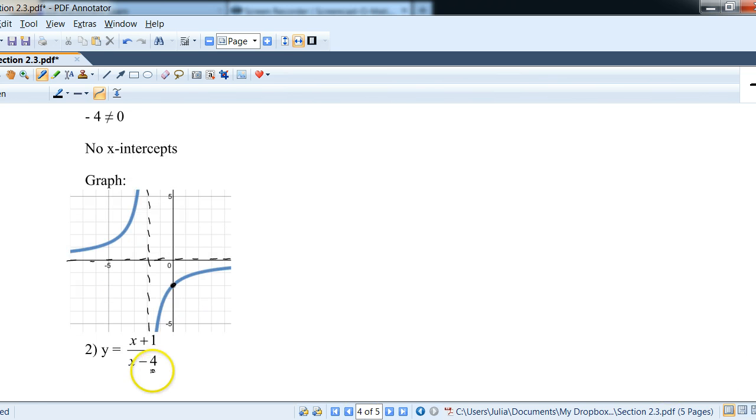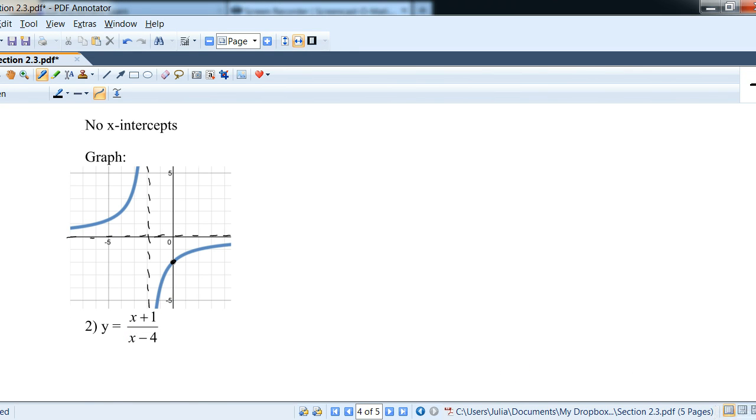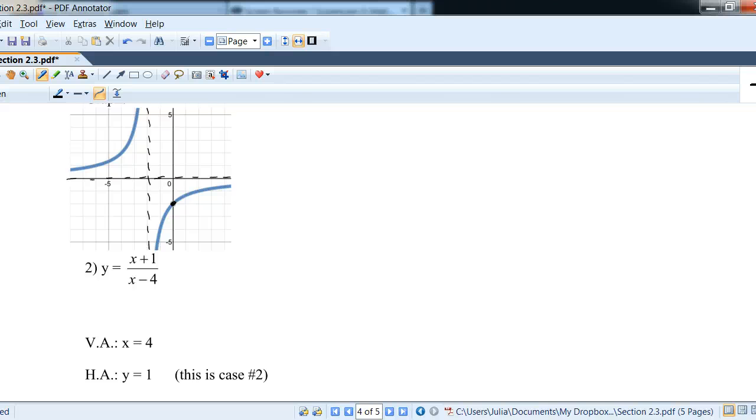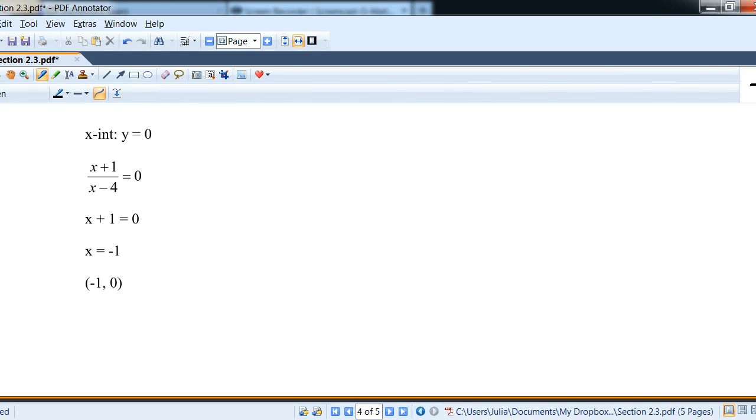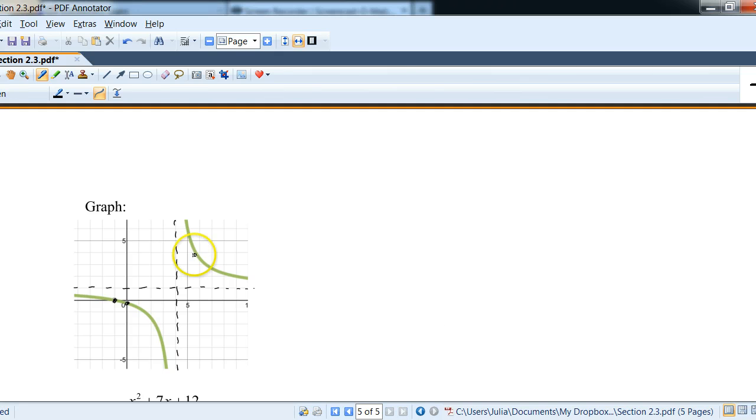The next one I did was x plus 1 over x minus 4. I'm going to speed up a little bit. I don't want this video to be too long, but I'll let you look at the information, maybe try to graph it yourself, but this is what the graph looks like. We found a couple of points, y and x intercepts.